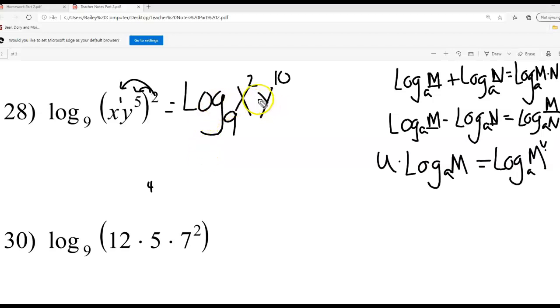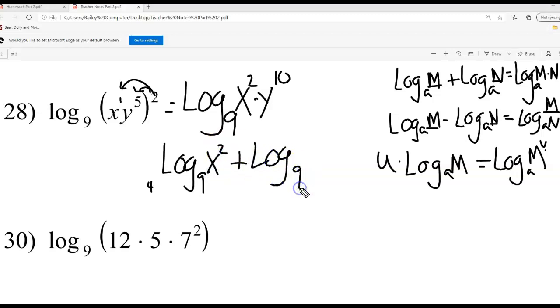But anyway, once you've done that, now we can start applying our rules. So I've got one logarithm with two things being multiplied, right? And when two things are being multiplied, those two things can be rewritten as two separate logs that are being added, right? So I can write this as log base 9 of x squared plus log base 9 of y to the 10th.